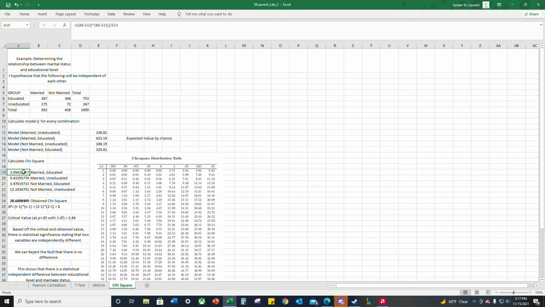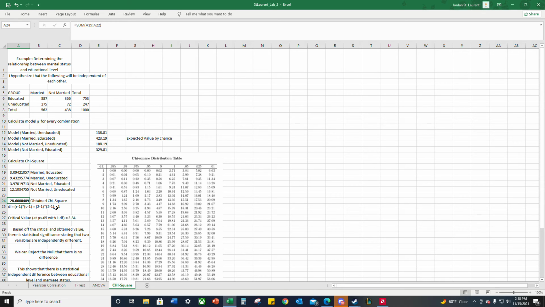For the sake of time, I will not go too deep into that because it can be expressed here in the individual values. But the obtained chi-square that we would get from calculating all of this would be the regular sum of all these values. So the sum is 28.6.